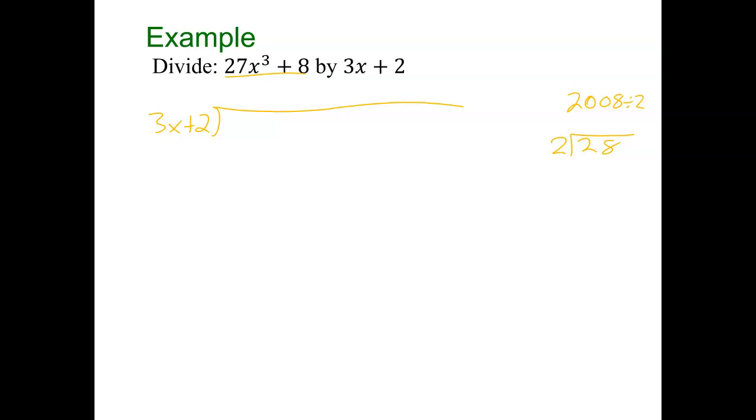If I'm missing the exponents, I need to fill in placeholder zeros for those place values. So I'm not going to have just 27x to the third plus 8. I also need to make sure that I include a placeholder 0 for the x squared and another placeholder 0 for the x. And then I can put in the constant.